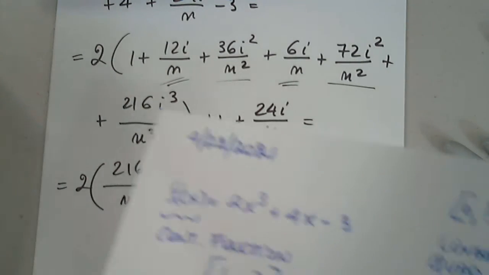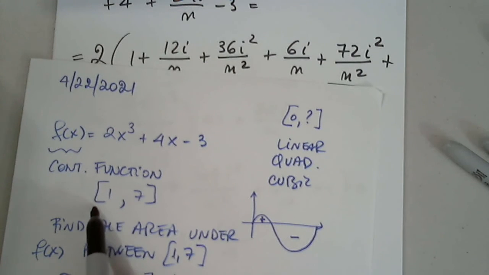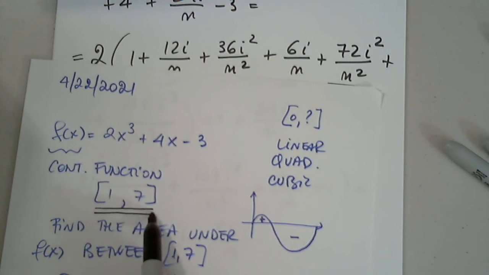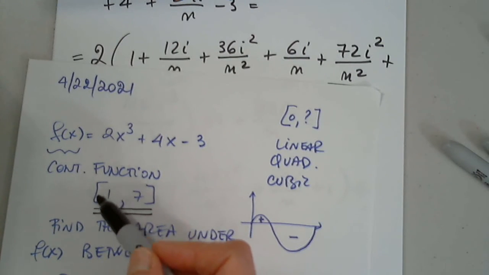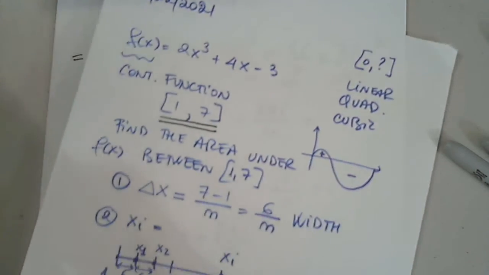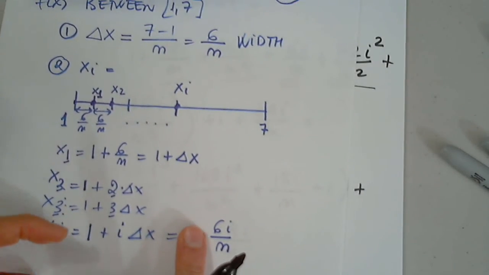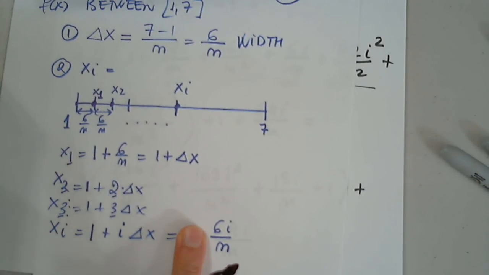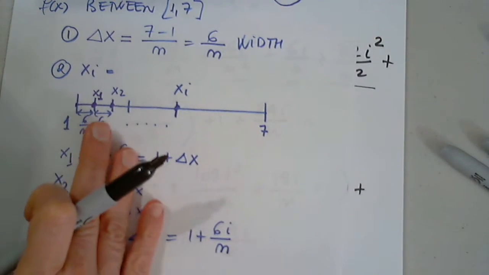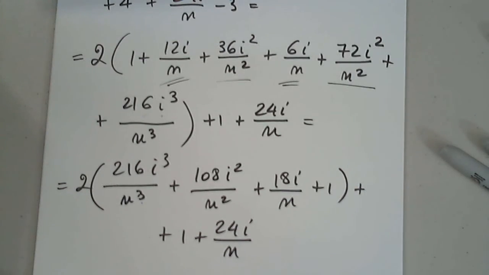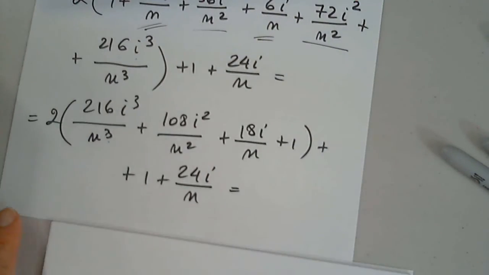So all this got complicated because at least for one example we wanted it to start at another number besides 0. If there is nothing else but 0 here, of course this will be a much easier situation. It will be just 6i over n. I will not have a binomial to square or cube, but that's okay. So now I still continue simplifying it.